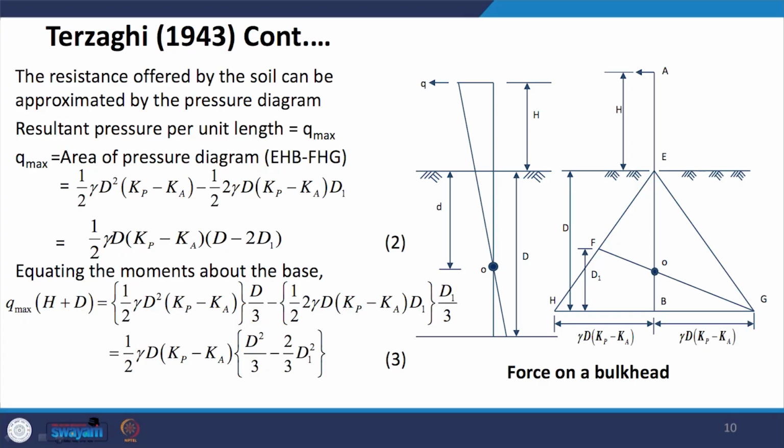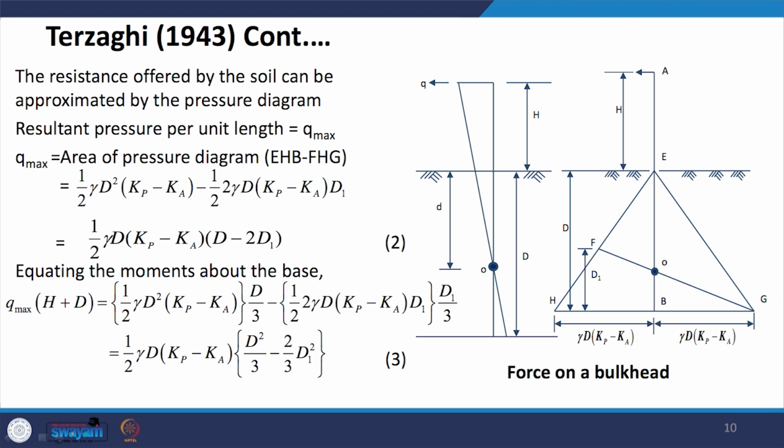The resistance offered by the soil can be approximated by the pressure diagram, as can be seen, and Qmax is the area of the pressure diagram. In this diagram, you see triangle EHB, and because the point of rotation is here, another triangle FHG, from here to here.